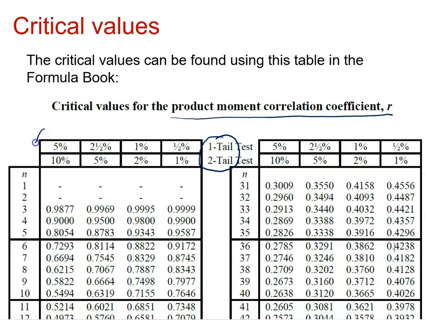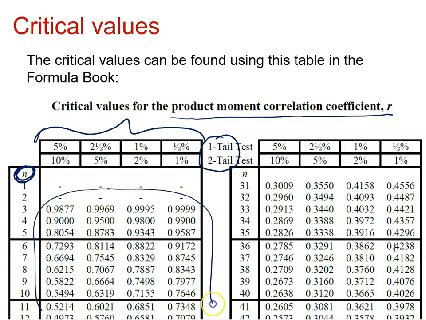You need to focus on what your significance level is, and you need to look at n, the size of the sample. Note that this table only contains positive values, positive correlation. So if you're doing a negative test, the values need to be negated.